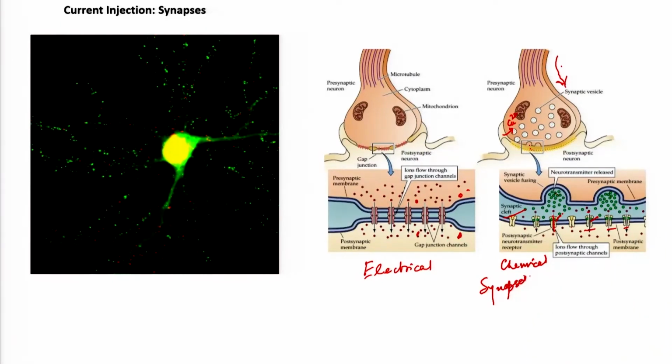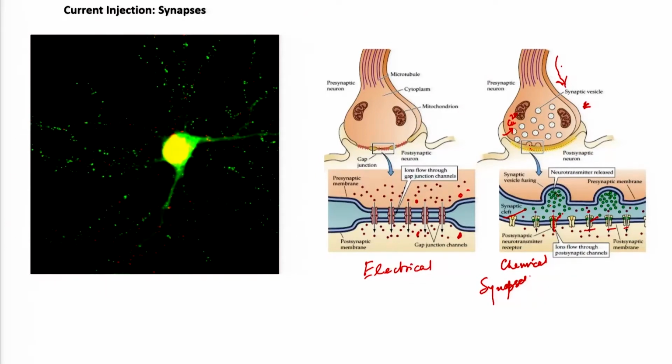Our discussions later on, for the most part, will be limited to chemical synapses, where the current injection on the postsynaptic neuron, because of the action potential on the presynaptic side, is due to the release of neurotransmitter into the synaptic cleft and the opening of the ion channel receptors, which allows ions to go through and produce the necessary current injection in the postsynaptic neuron.